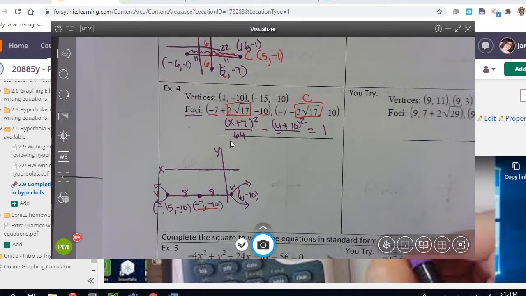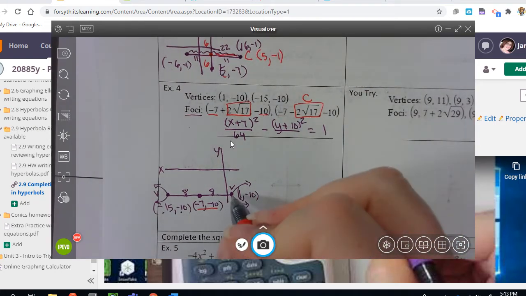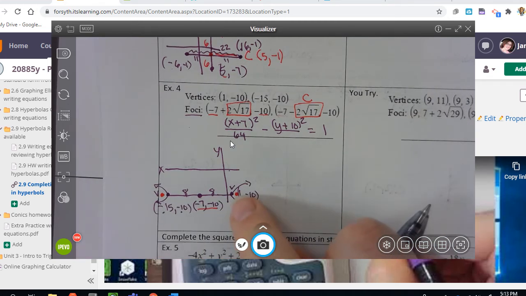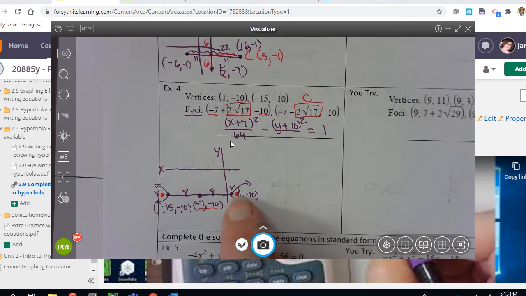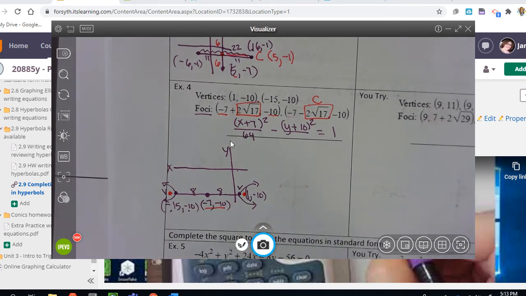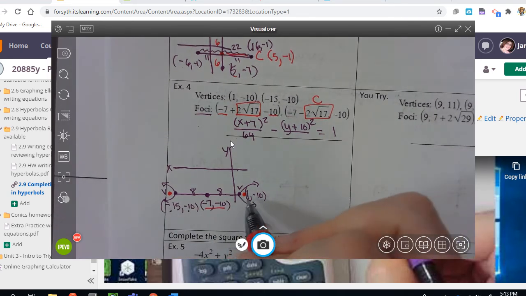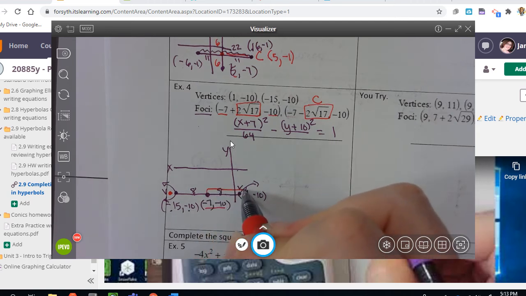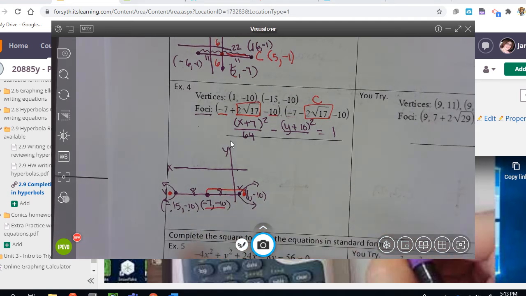This is the c value. And you're like, what is that c value? The c value is giving you a focus somewhere over here. So the hyperbolas are opening up, and the foci are inside of each of these hyperbolas, okay? It's inside of each one. So if it's inside like that, then this distance is going to be bigger than my original one, and that distance is c.